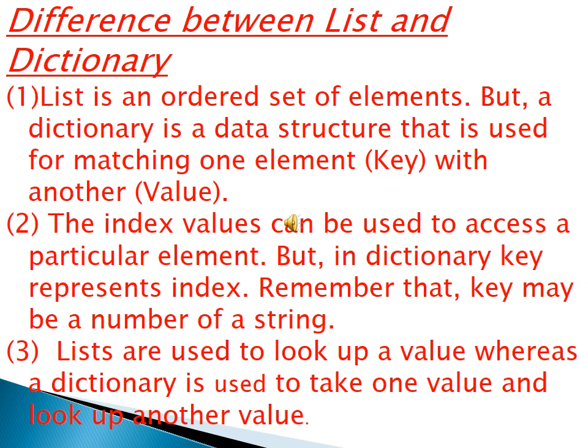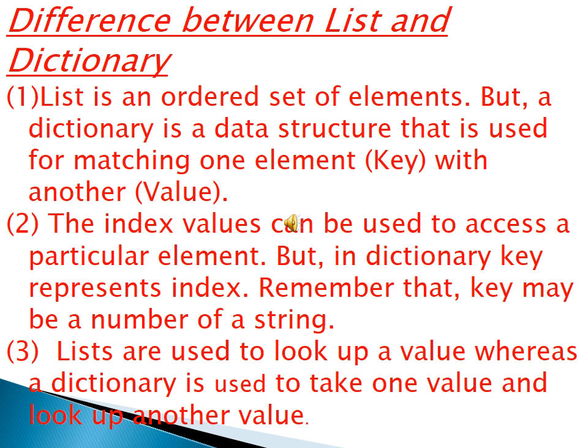A list is an ordered set of elements, but a dictionary is a data structure that is used for matching one element, the key, with another value. In a list the index value is used to access a particular element, but in a dictionary the key represents the index. Remember that a key may be a number or a string.